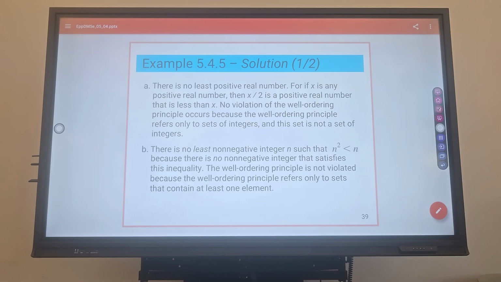This is not a set of integers. There's no least non-negative integer n such that n squared is less than n, because there is no non-negative integer that satisfies this inequality. The principle is not violated because it only refers to sets that contain at least one element, and this was the empty set.